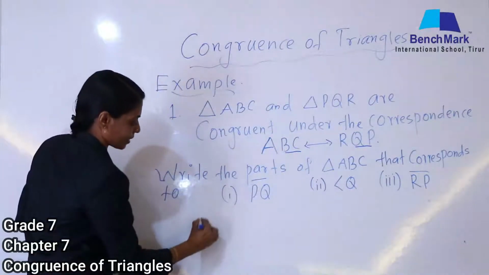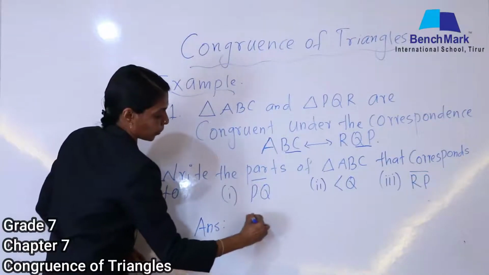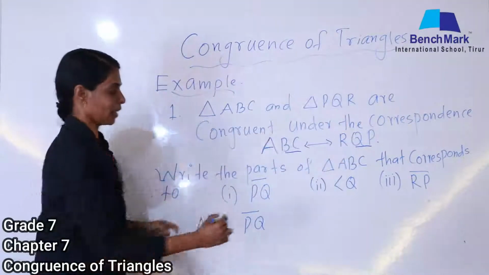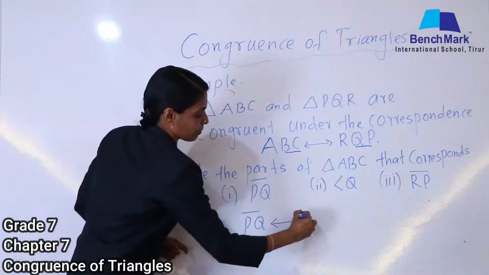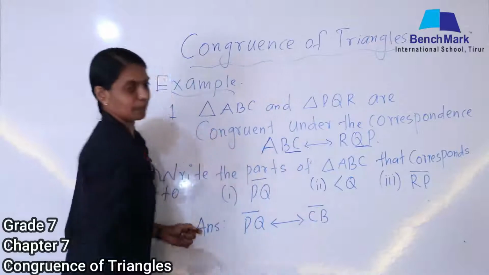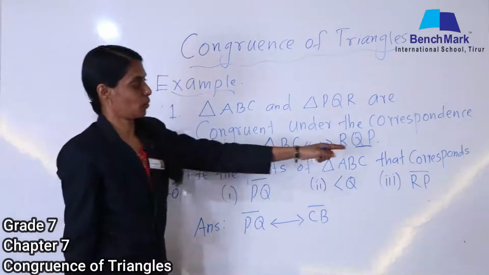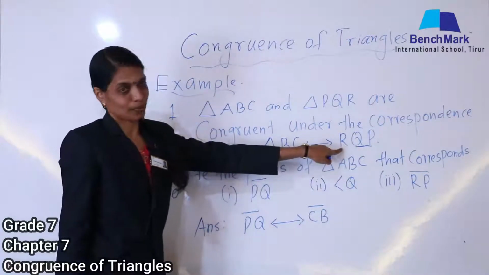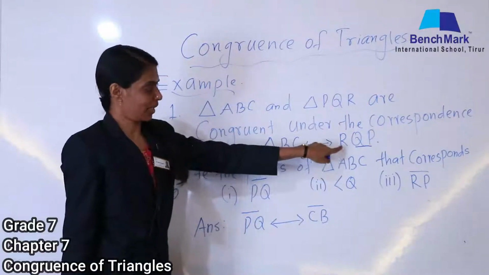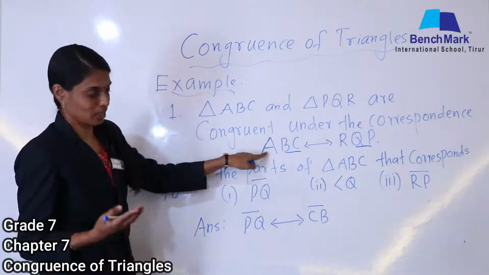So, if you write the answer, the first answer will be for the side PQ, the side which corresponds to that in the other triangle is the side CB. Okay. So, if I ask you simply what can be the side which corresponds to PR, can you say the answer? For the side PR, yes, it will be CA. We keep the order. That is very important.